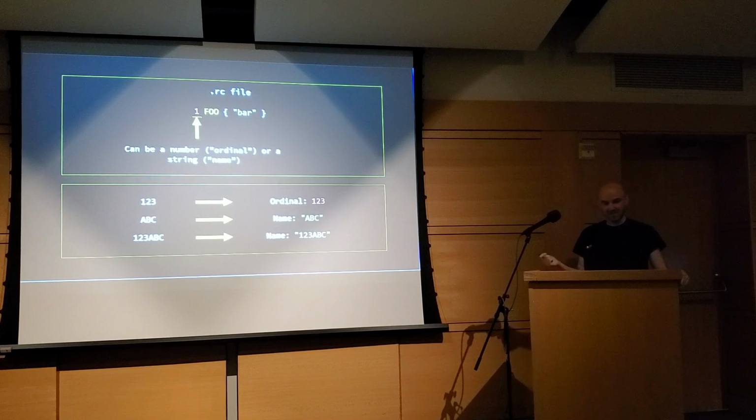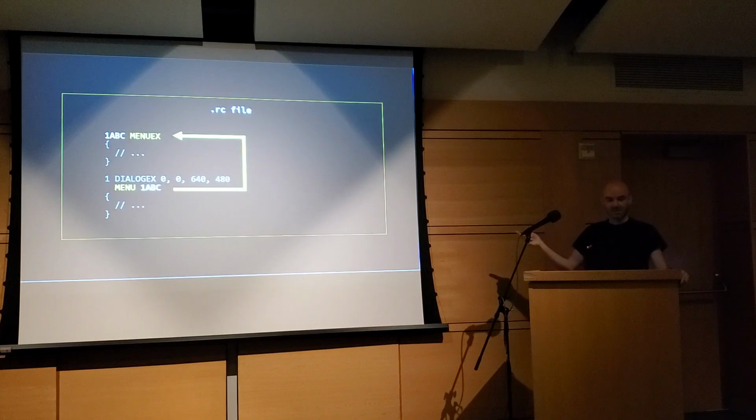So here's another example. The ID of a resource can be a number or a string, and it tries to figure out which one you mean. And the rules for that are kind of what you would expect. If they're all digits, it's a number, and if you mix them, then it's a string, not a number.